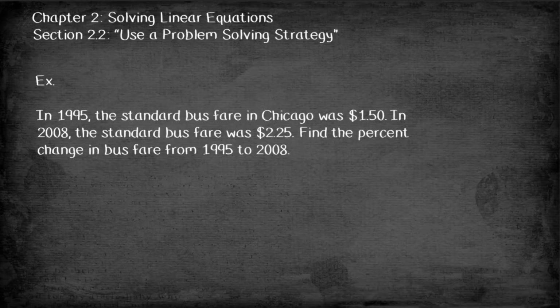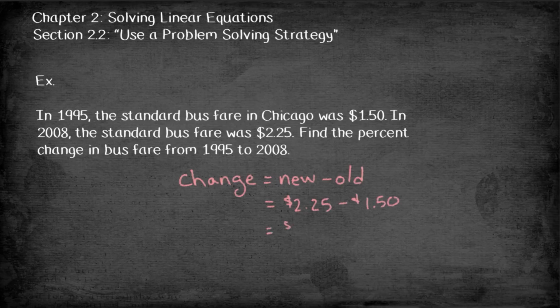Okay, so first of all, to find percent change, we need to find the change amount. And that's new minus old. So that would be $2.25 minus $1.50, which is 75 cents.